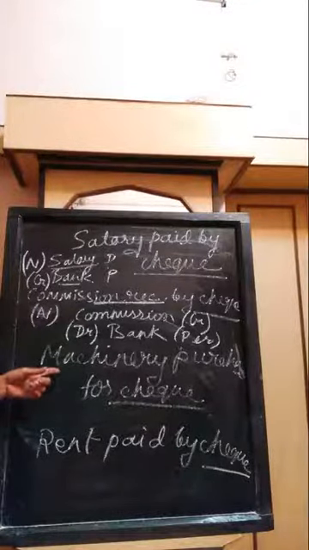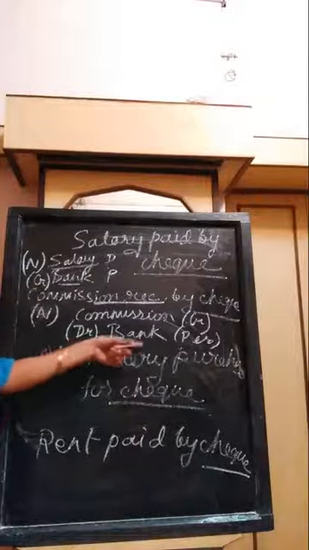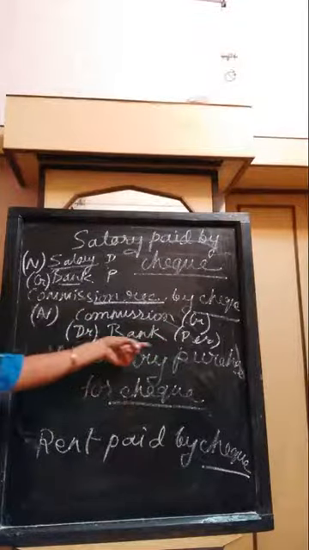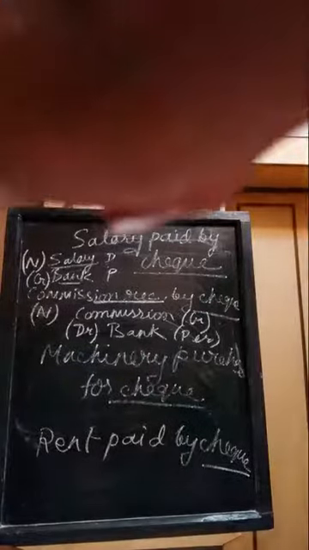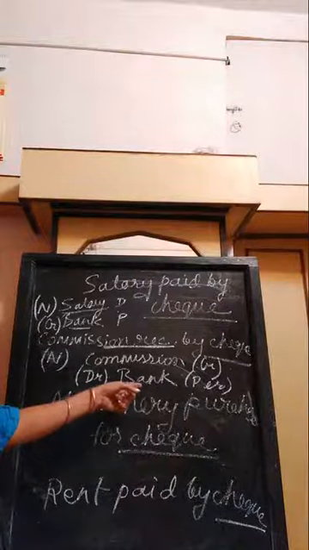Here we are receiving the money, so it will be debit. Bank asset is increasing. That's why it is a debit. We are receiving money, that's why this will be debit.